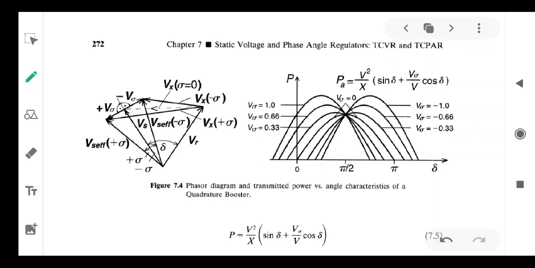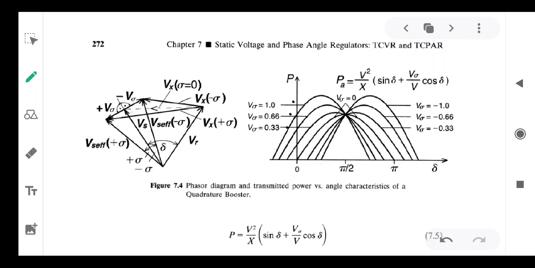V sigma, if it is 1, 0.66, 0.33, that is minus 33%, 66%, 100% variation.